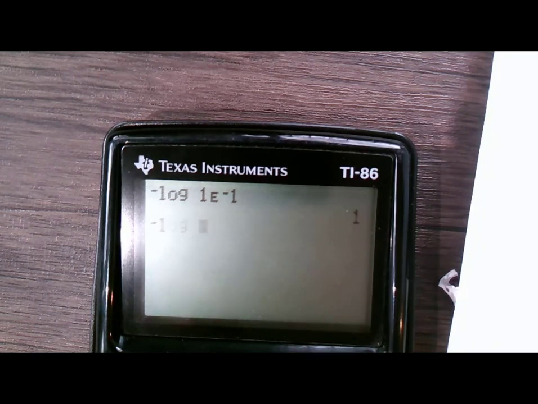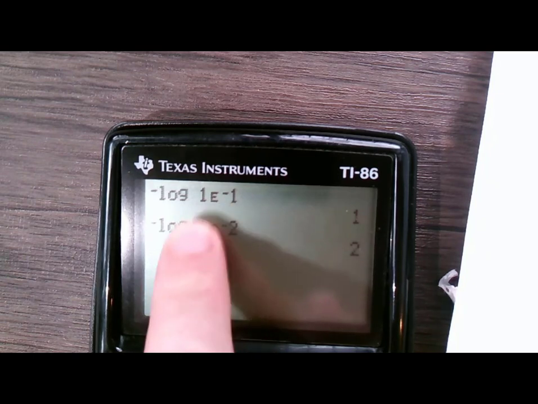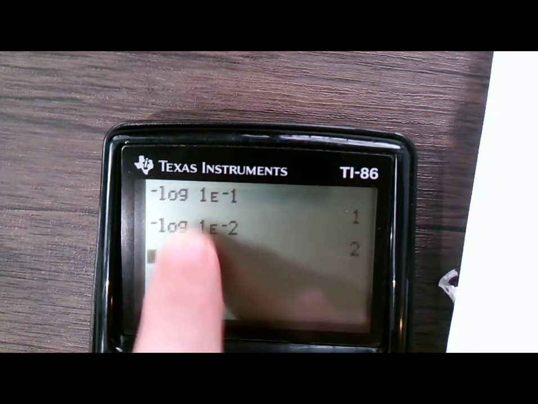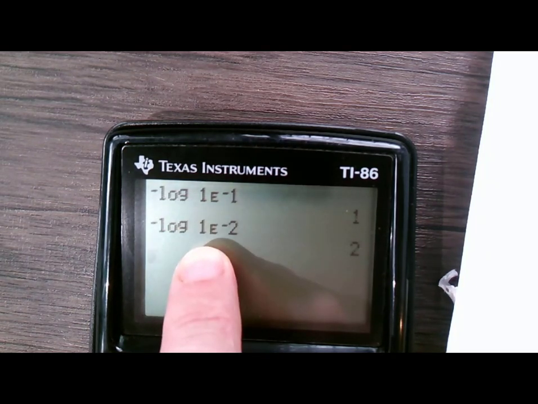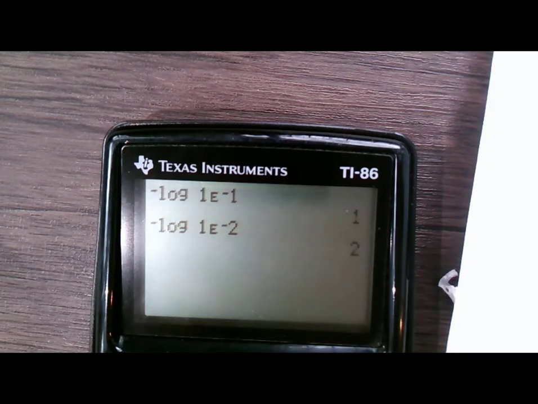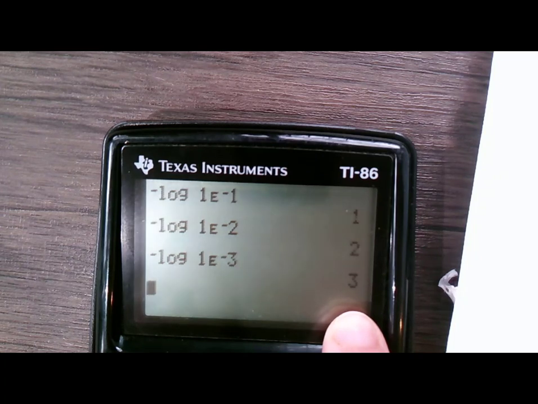The negative log of 1 times 10 to the negative 2 is a pH of 2. So this is concentration of our hydrogen ion. Let's say I did negative log of 1 times 10 to the negative 3. Again, we get a pH of 3.